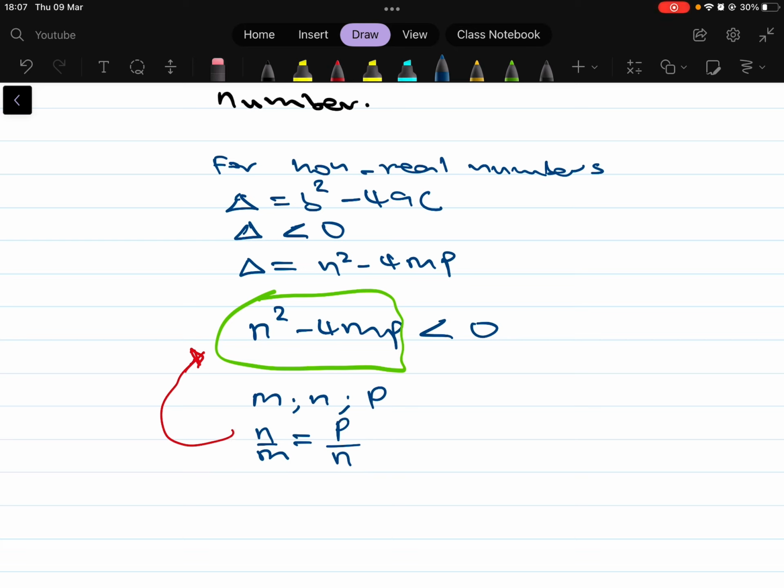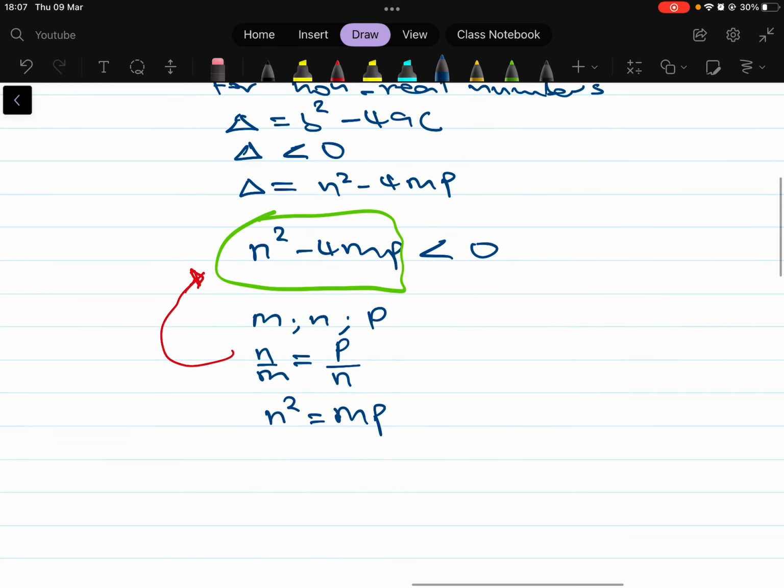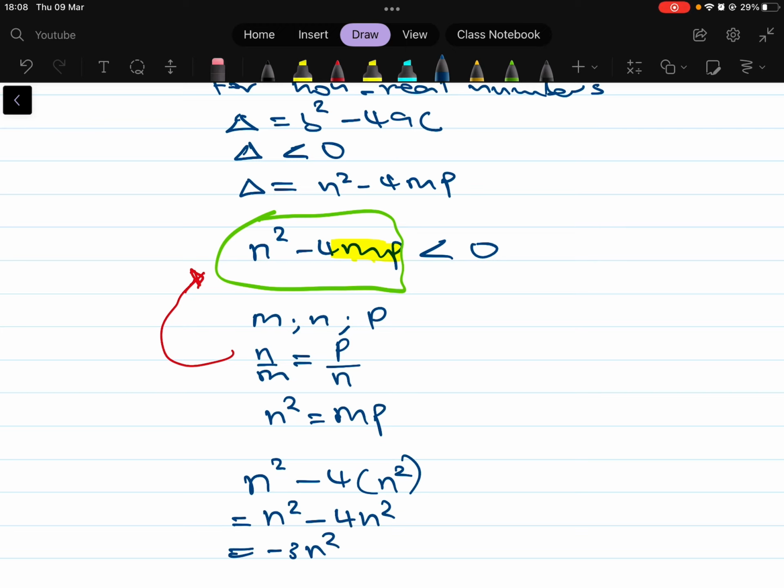Simplifying here, we just cross multiply. We have n squared equals mp. That means mp there, we can substitute by n squared. So I'm going to say n squared minus 4n squared, which is equal to negative 3n squared.